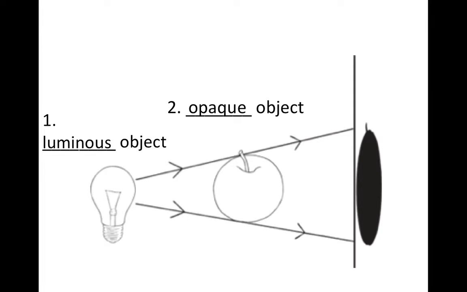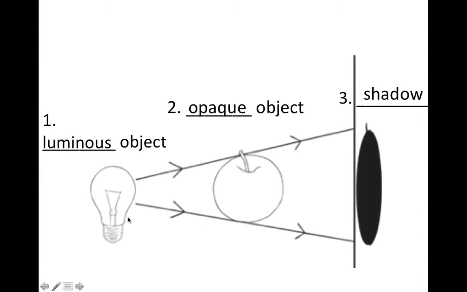If you said opaque, you were correct. So, our luminous object shines light onto the opaque object, which leaves a shadow.